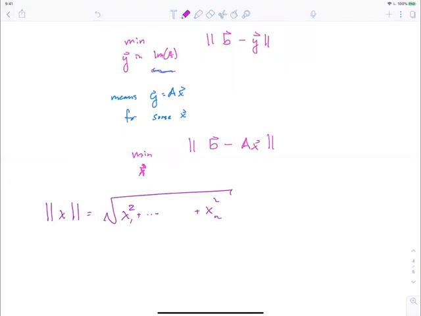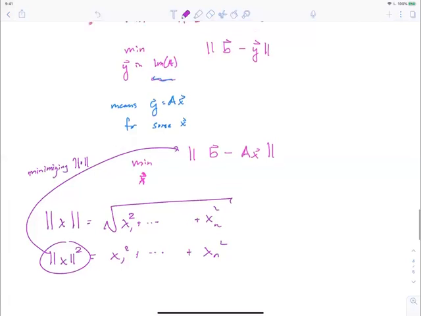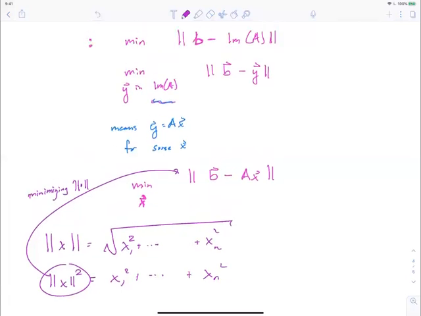And in fact, minimizing the norm is the same thing as minimizing the square. So that's where the name least squares comes into play. Just a recap, we're trying to minimize the distance between some hyperplane and our vector, and that's just minimizing some sum of squares. That's why we call it least squares.